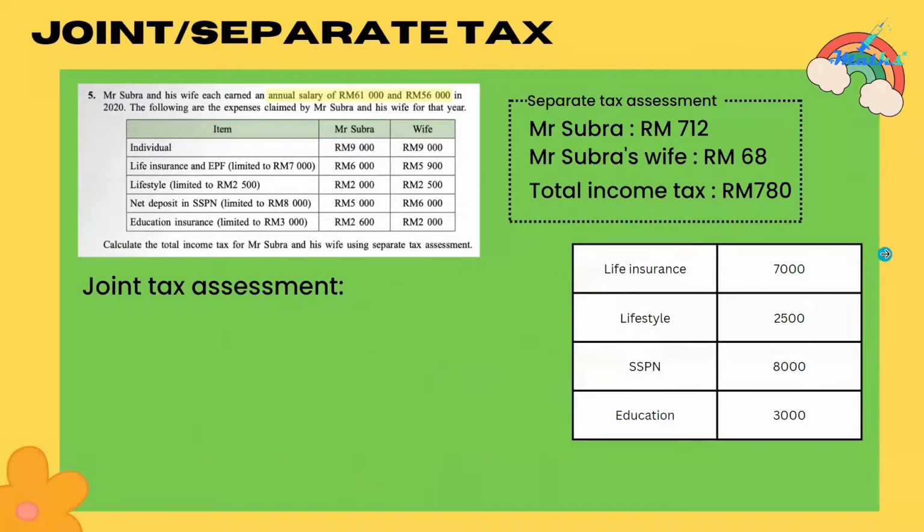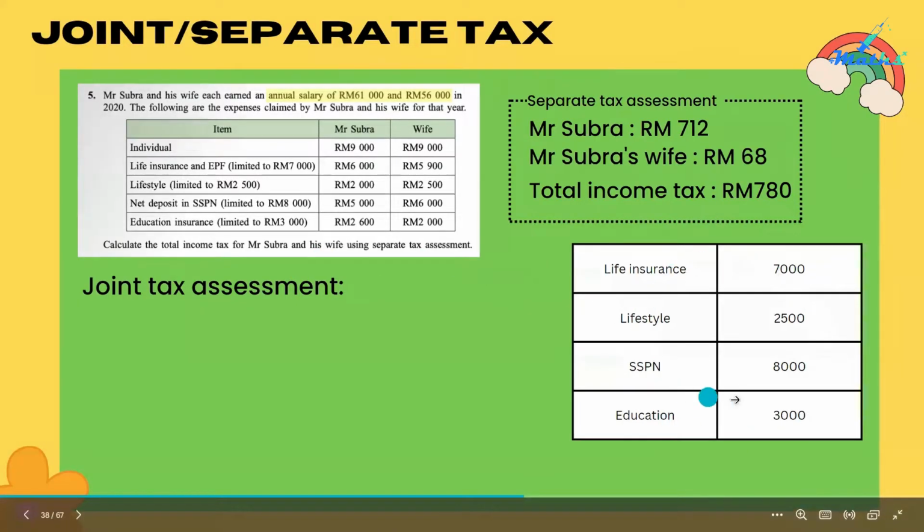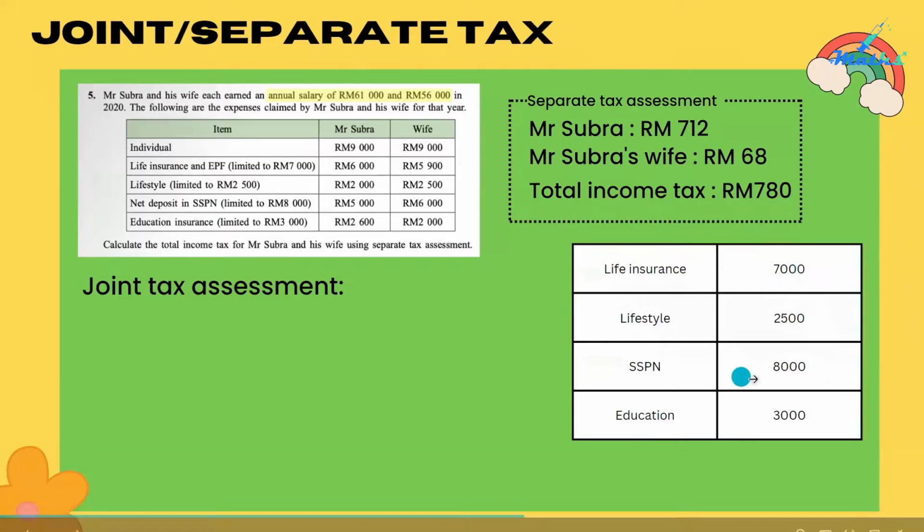So next is the joint tax assessment. For the separate tax assessment just now, the total income tax for Mr. Subra and his wife is 780. And for the joint tax assessment, here is the table where I already combined their expenses.